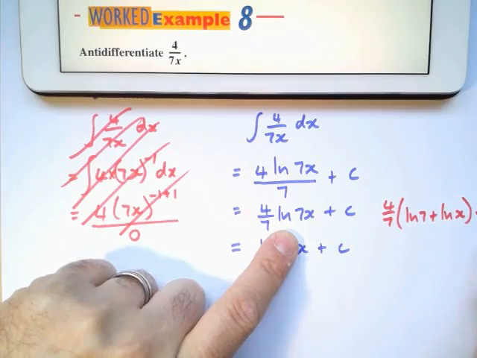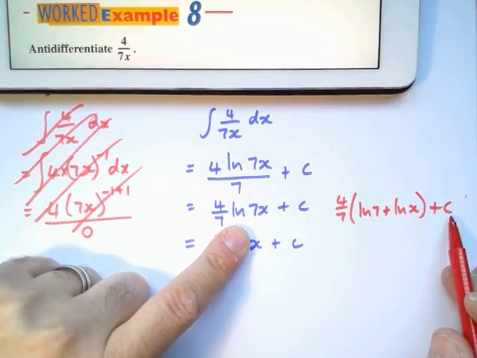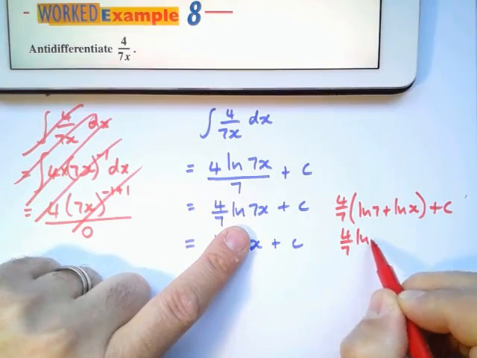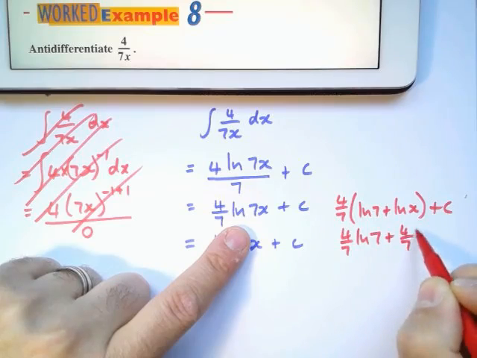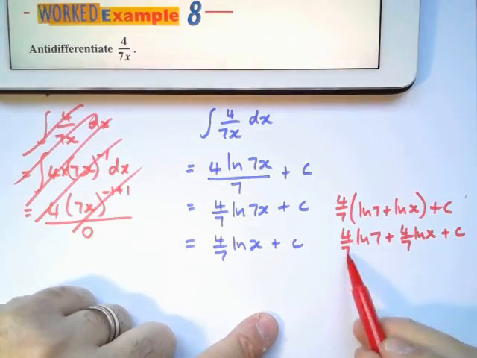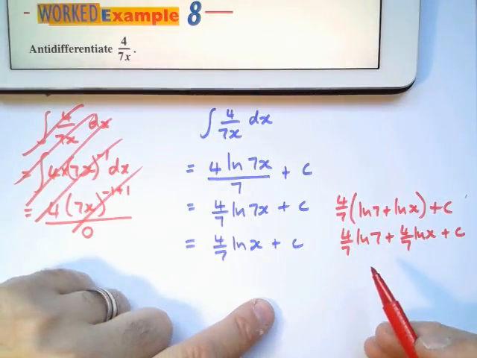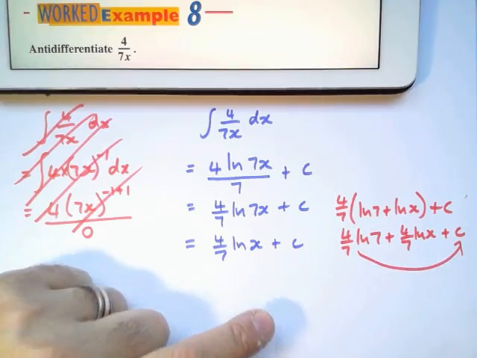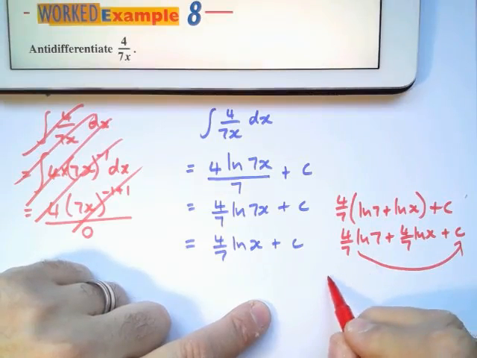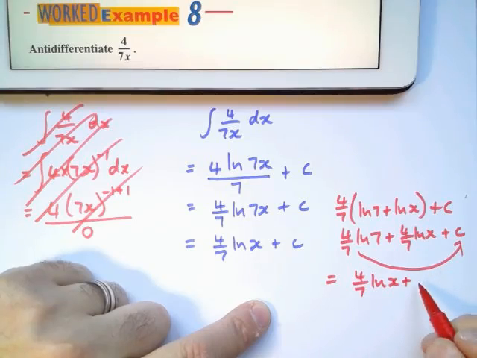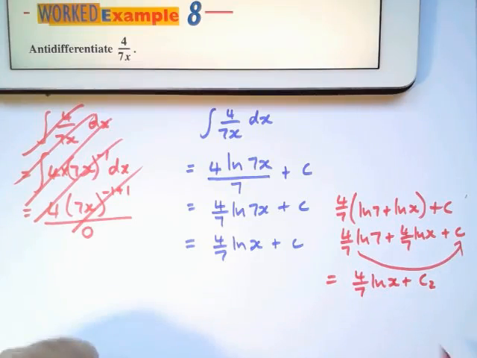Now remember, this c value can be anything. If I multiply this out, I get 4 over 7 ln 7 plus 4 over 7 ln x plus c. 4 over 7 ln 7 is a constant value, which if I add to c just becomes another constant value, which is the same as saying 4 over 7 ln x plus c2, although it doesn't have to be c2, it's just another value.